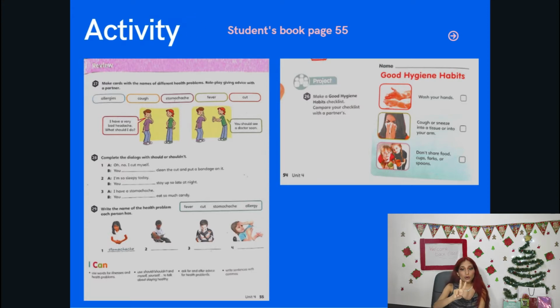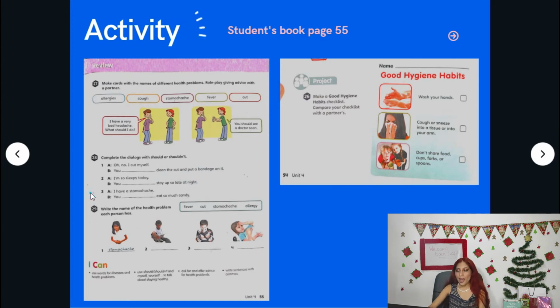You only have 2 options, so it is not that difficult. You just need to read and understand. Number 1: A says, oh no, I cut myself, and B says, you blank clean the cut and put a bandage on it. Should or shouldn't?